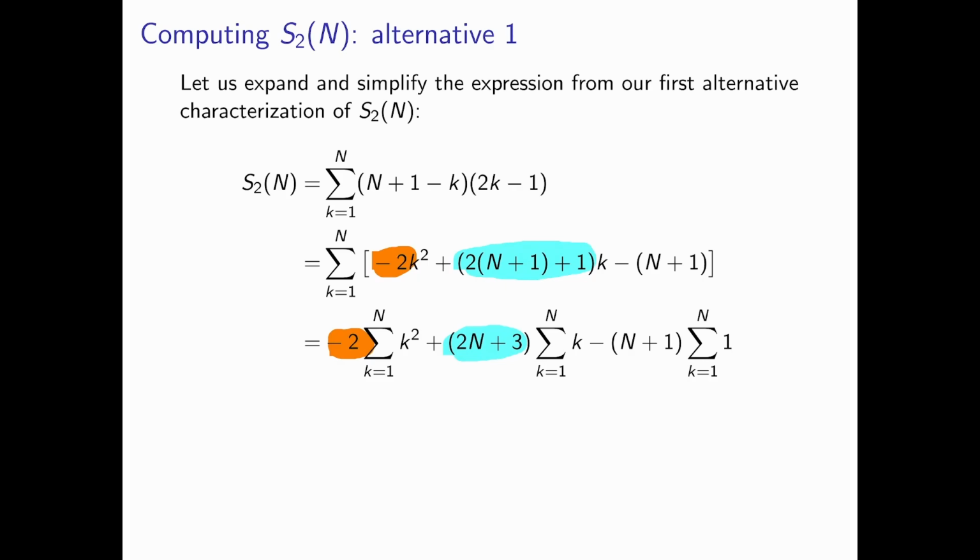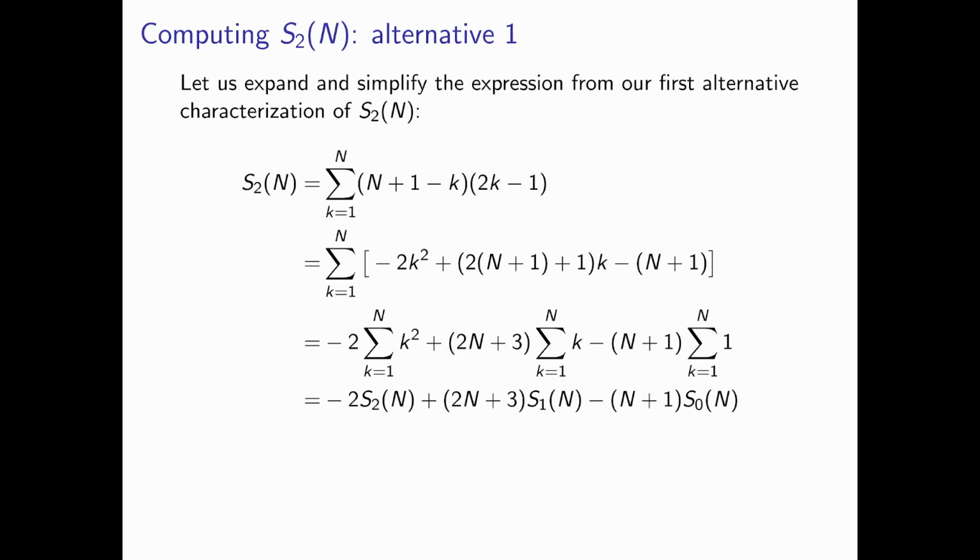And then finally we have that this final expression here is just something we get down here again. But all of these expressions can be written using our notation s sub p of n from before. We get that this expression is just minus 2 times s sub 2 of n plus 2n plus 3 times s sub 1 of n, and then finally minus n plus 1 times s sub 0 of n.